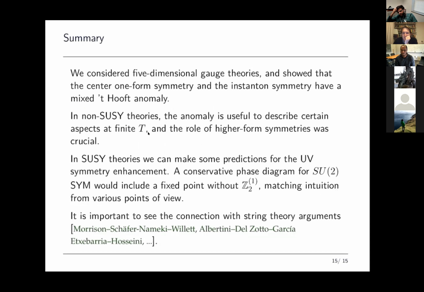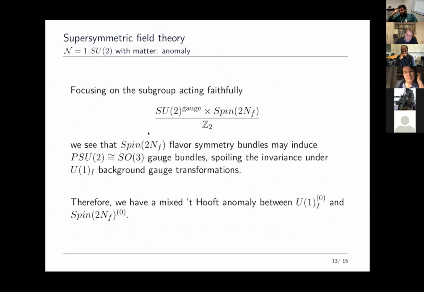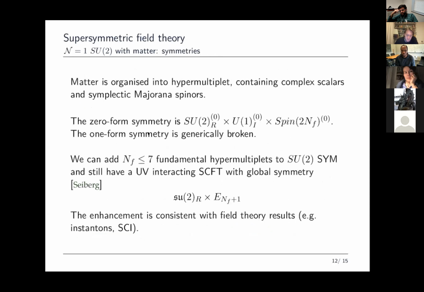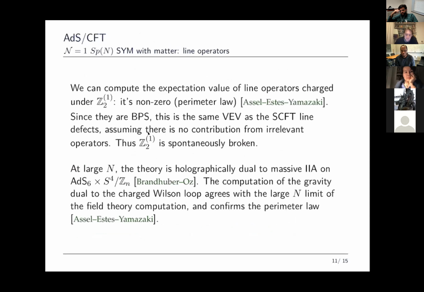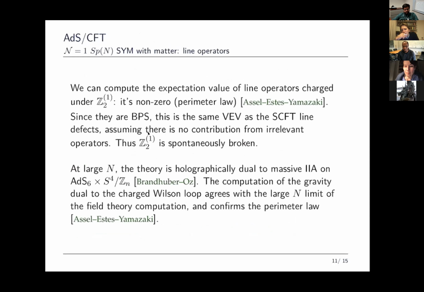Okay, I have one. In the comparison with holography, in the UV theory, the one-form center symmetry is spontaneously broken, but there should be a way to still read off that this anomaly is there in the bulk. Can you do that?